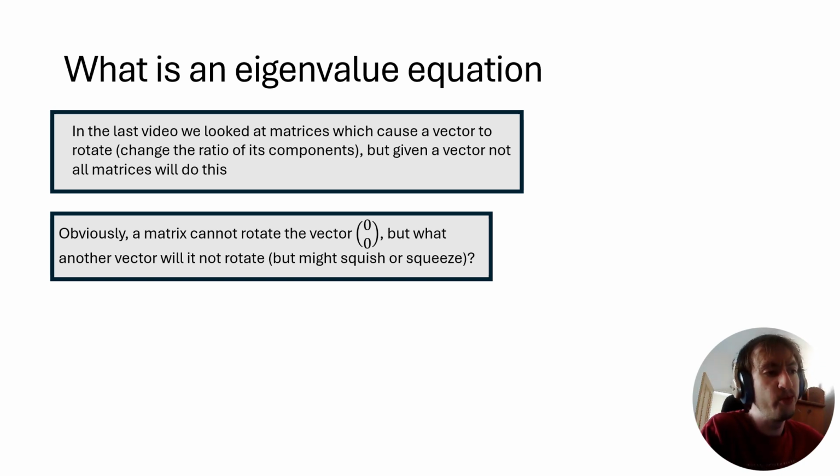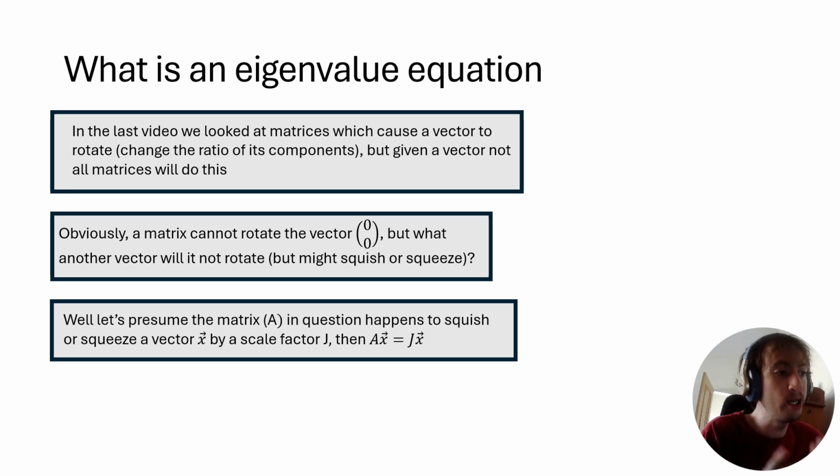However, we can think of less trivial cases and go, well, if we have a matrix, what are non-trivial vectors that matrix won't rotate but will stretch or squish? In other words, what are the non-trivial eigenvectors of the matrix?